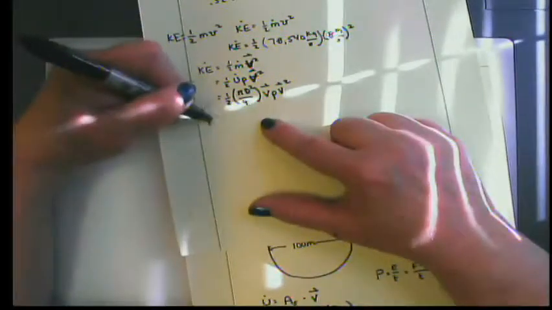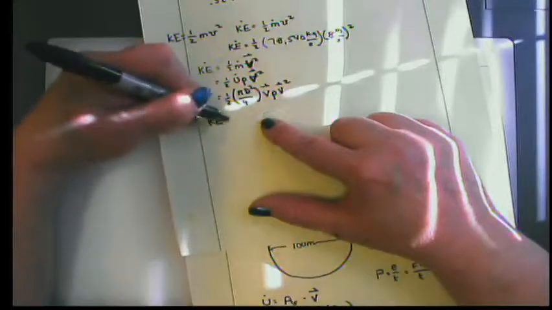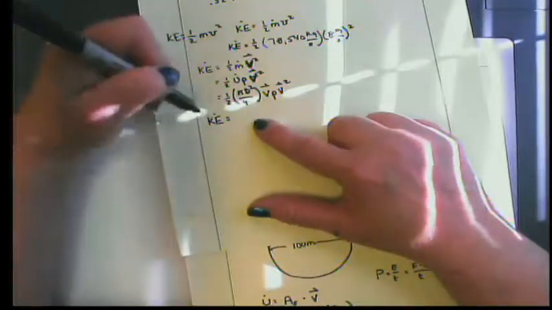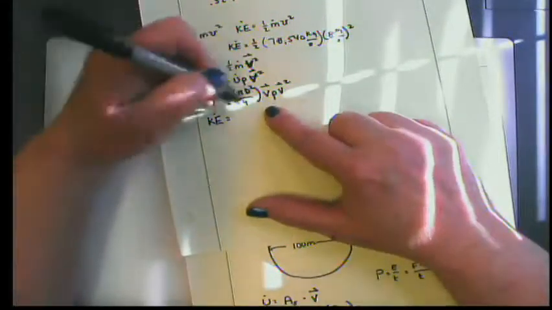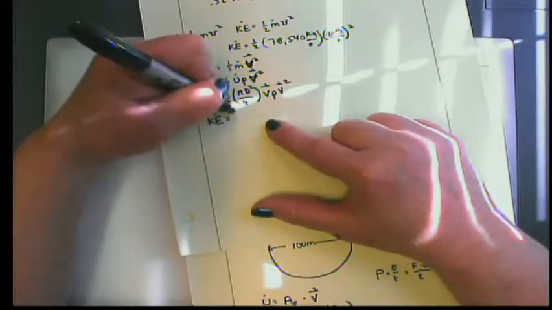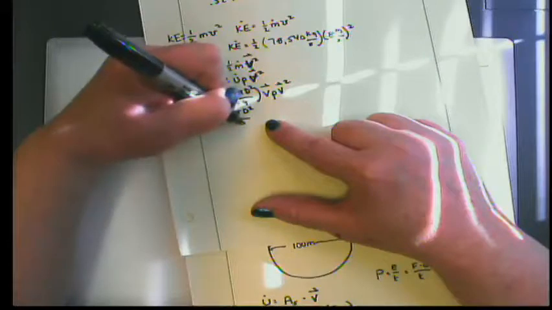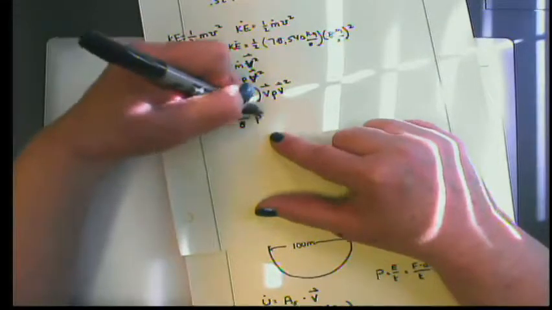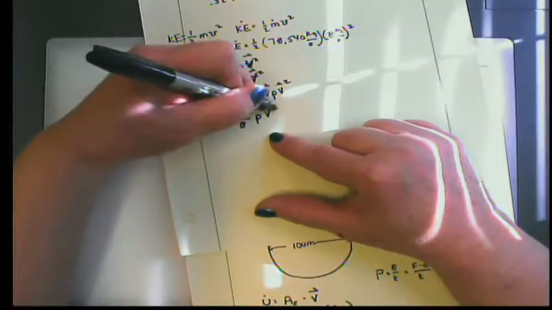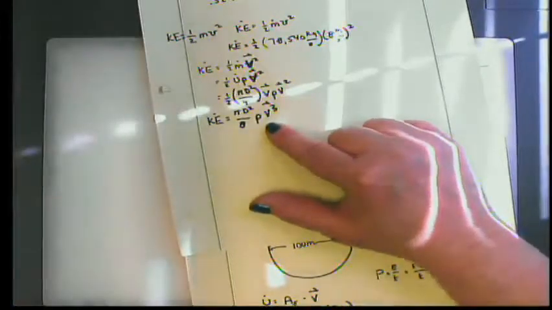And if you put this all together, the general equation that we come up with is that the kinetic energy rate available from a wind turbine is pi d squared over 8 times the density of the air times the velocity of the air raised to the 3rd power.